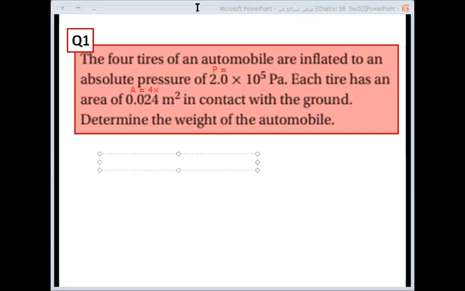Can we find the required, which is the weight?